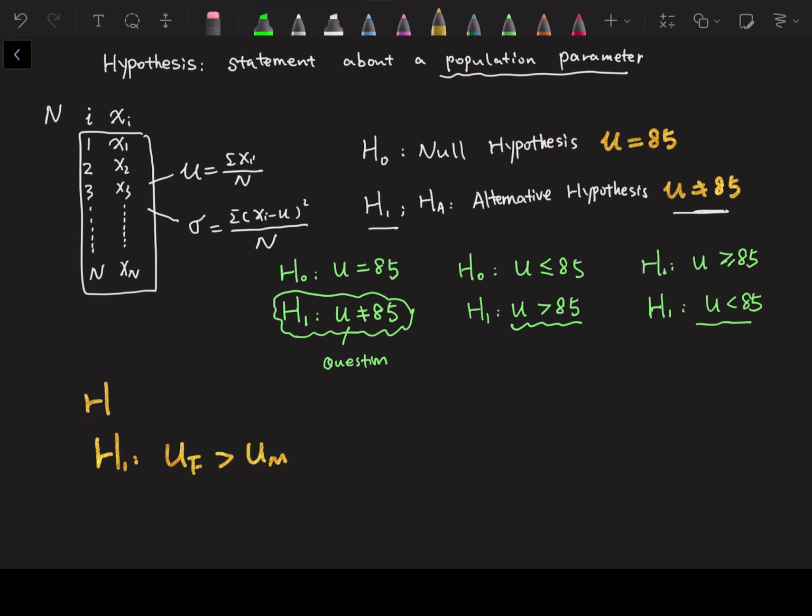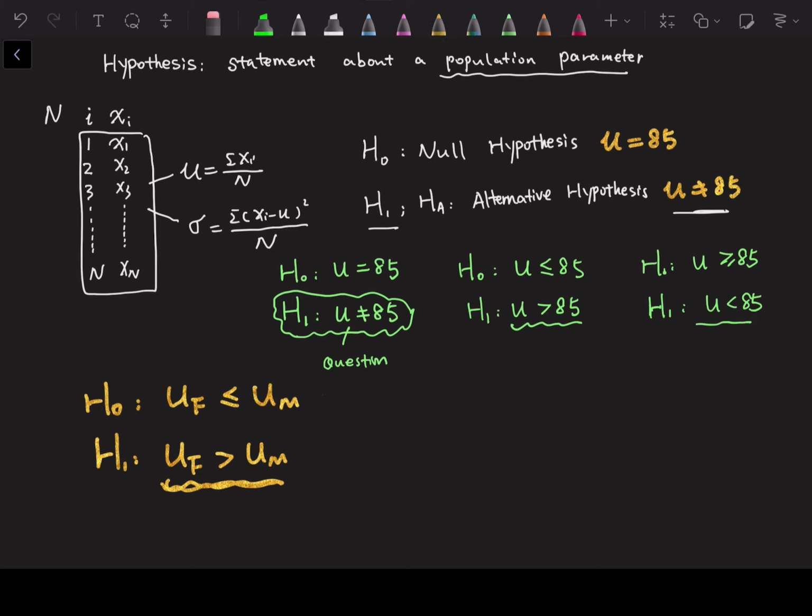And the corresponding null hypothesis should be the average score for female students less than or equal to the average score of male students. This is your concern, this is what you're interested in, whether female students score greater. And then you want to reject the null hypothesis and accept the alternative to justify your concern.